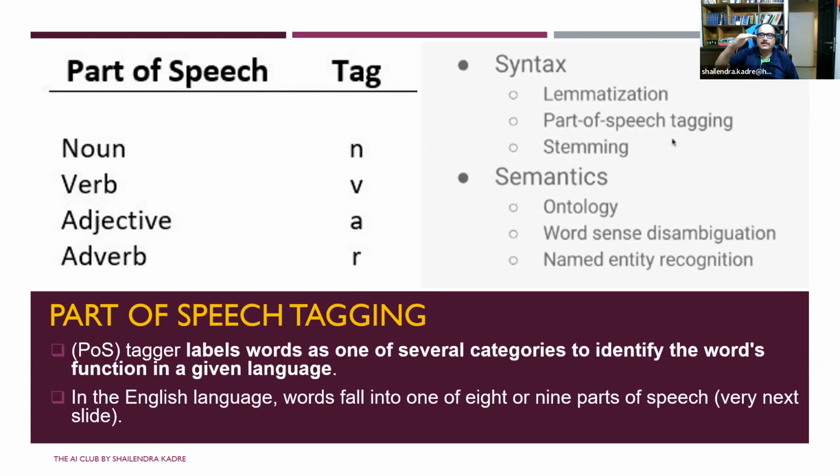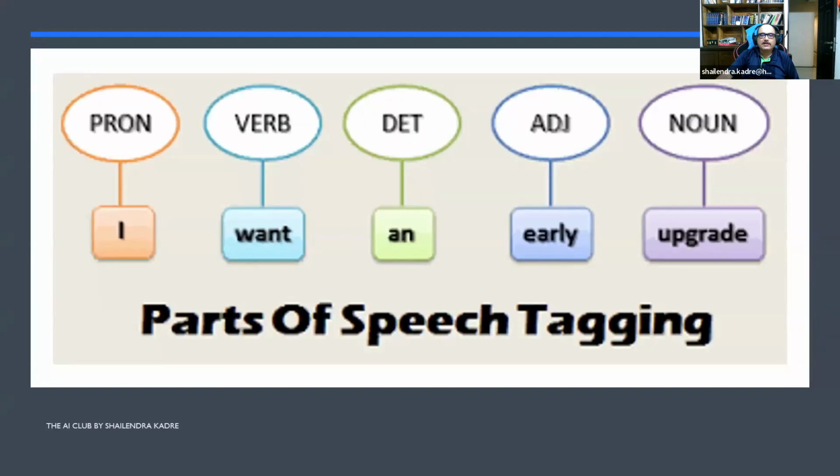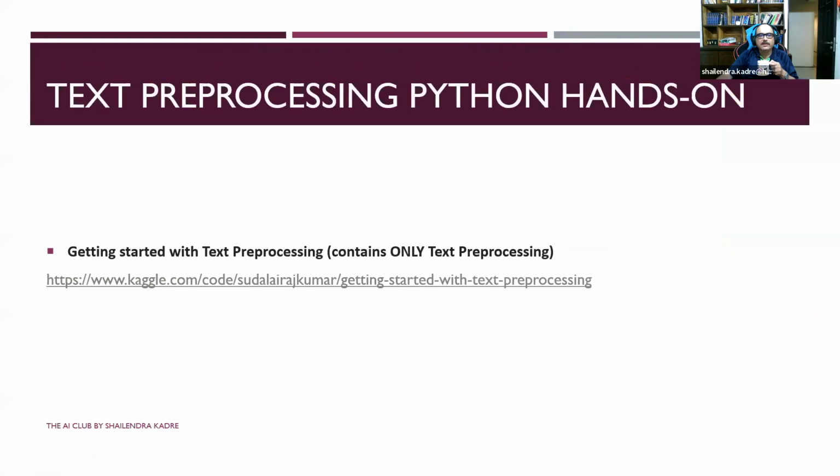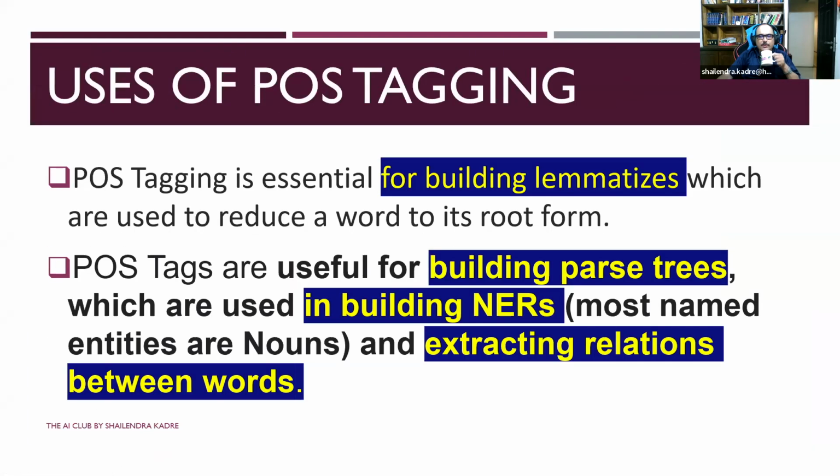So two main things, stemming and lemmatization, you understand very well. And now you understand what is part of speech tagging. So now you will ask me a natural question: why in NLP do we do part of speech tagging?